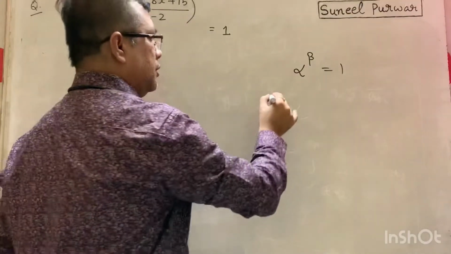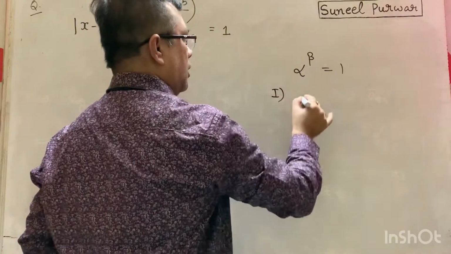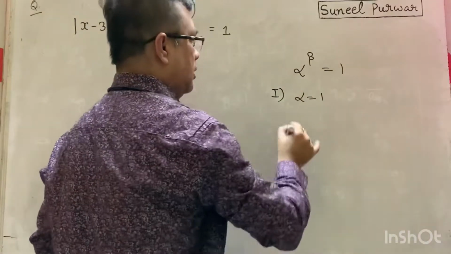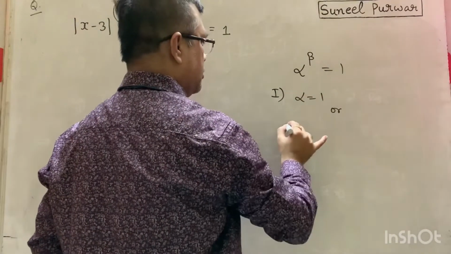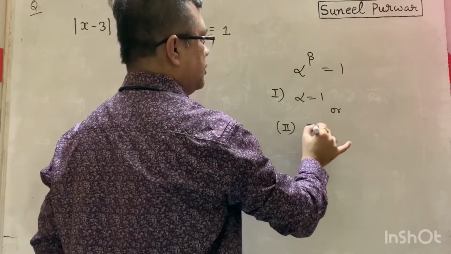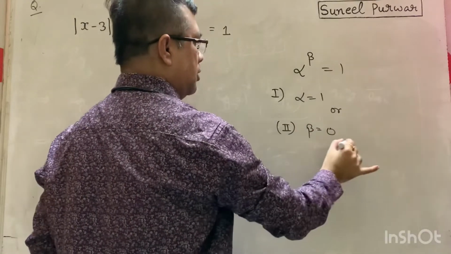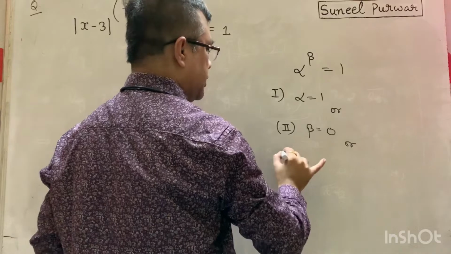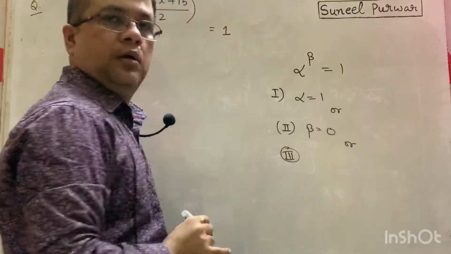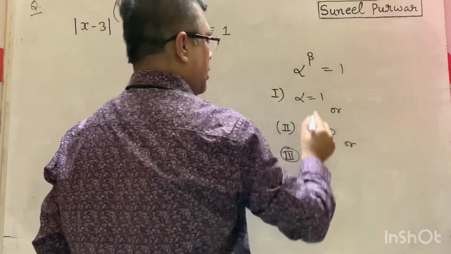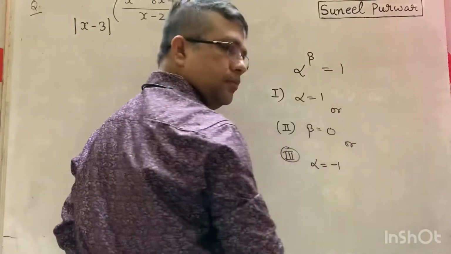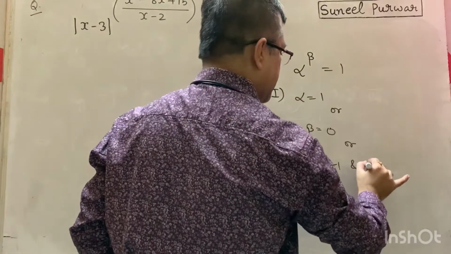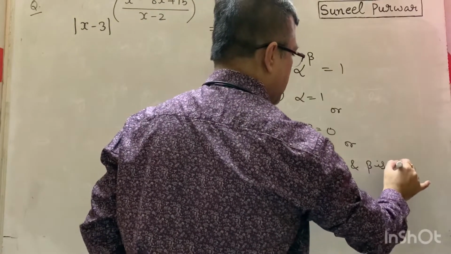What are they? Number 1, alpha equal to 1, or number 2, beta equal to 0, or there is a third possibility as well, which is alpha equal to -1 and beta is an even integer.